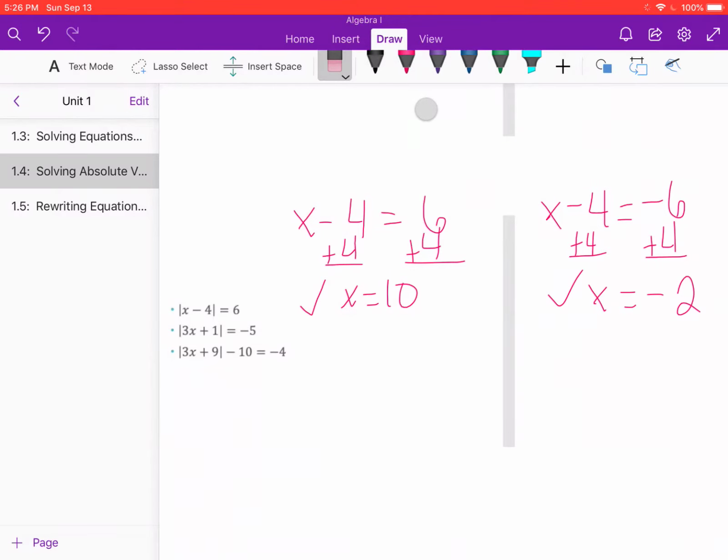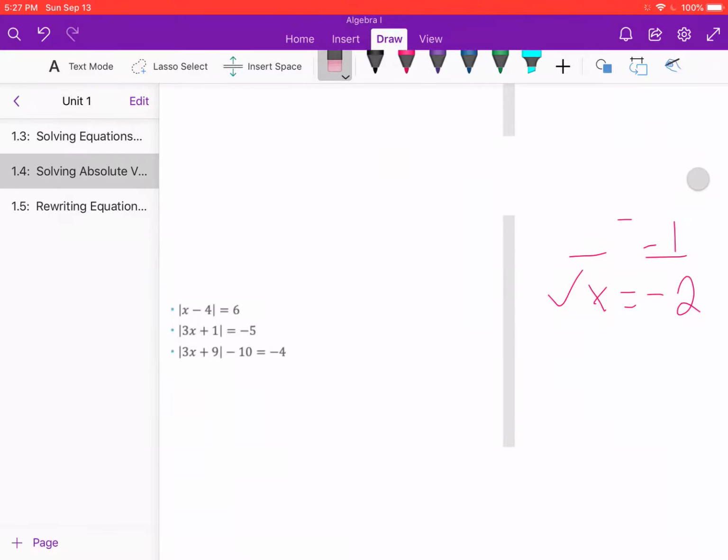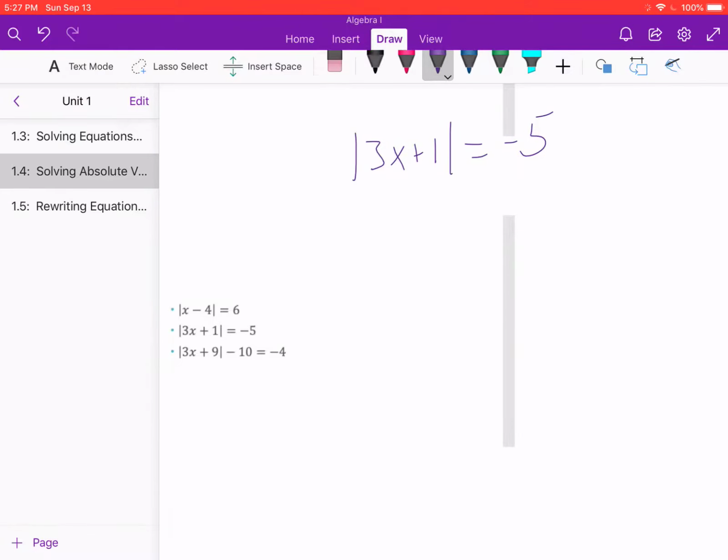All right, let's take it up a step and make it just a little bit harder. Absolute value of 3x plus 1 equals negative 5. So our absolute value is by itself, which is a good sign, so let's write what's inside twice.